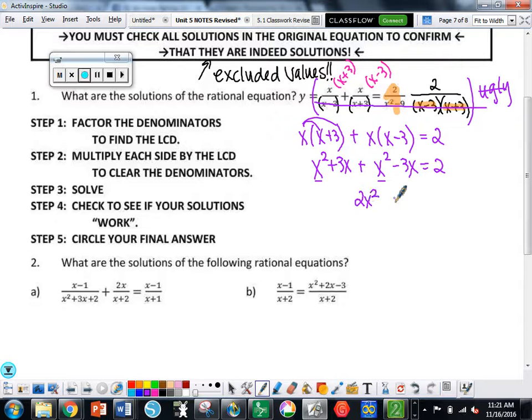Okay, it's getting a little out of control. And then these cancel, like Brandon predicted. Equals 2. Now we're going to divide both sides by 2. I think Alyssa said that.